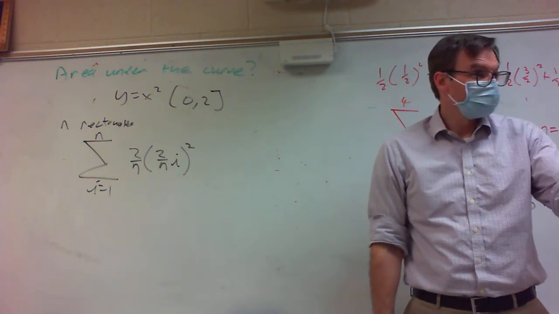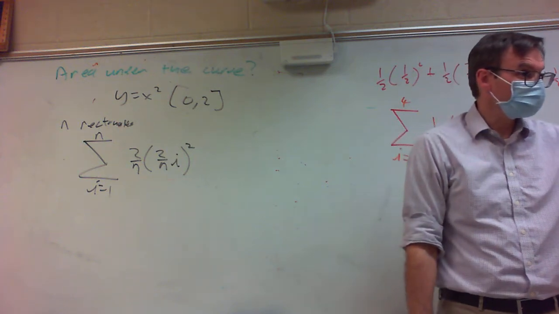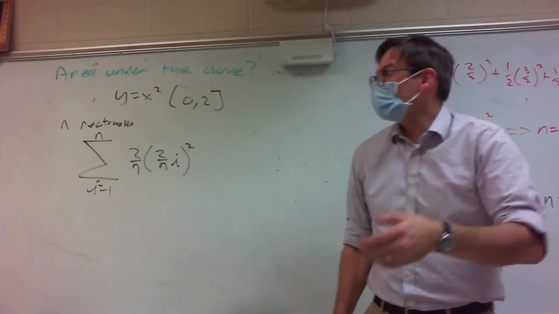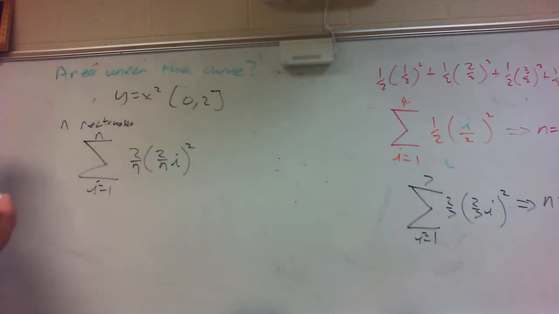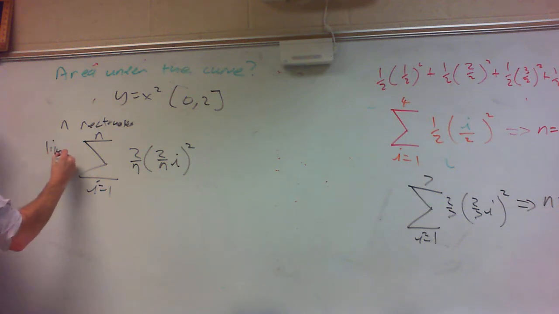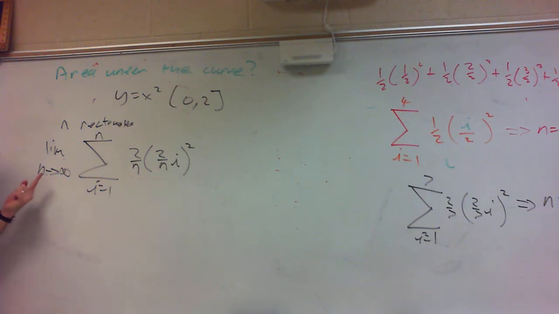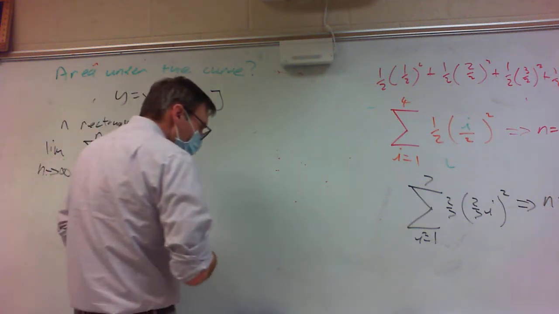Infinite. Does that make sense? If I wanted the exact area, then I would need an infinite number of rectangles. Does that make sense? Huh. So what does that look like?